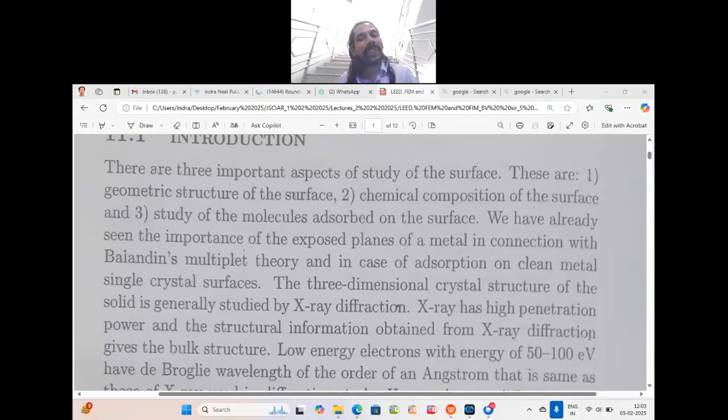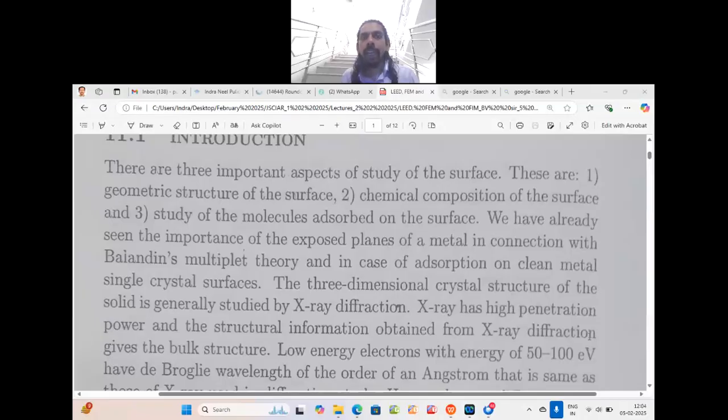Interface will have the properties of both the surfaces from two different materials, for example, the surface of carbon fibers and the surface of the composite resin matrix. These two different surfaces will form an interface. So interface is different from surface.